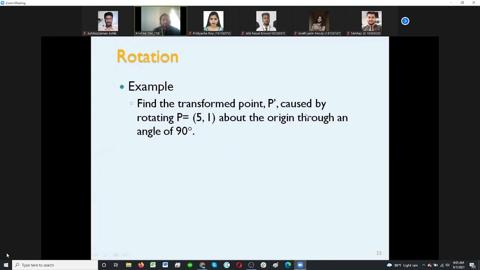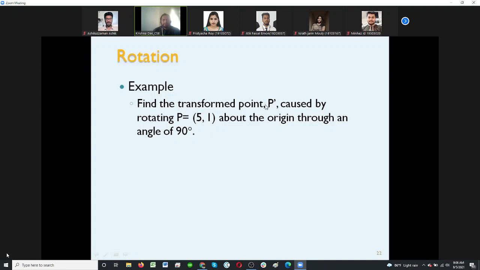So we'll try to solve a very simple problem: find the transformed point P prime caused by rotating P, which is 5, 1, about the origin through an angle of 90 degrees. So what elements do you need for the rotation? You have a point in space which is 5 and 1, and the rotation is about the origin.